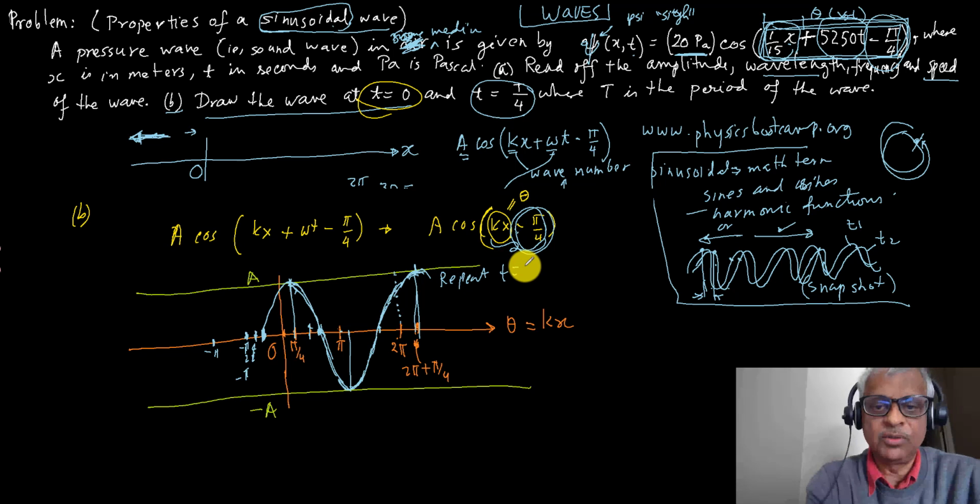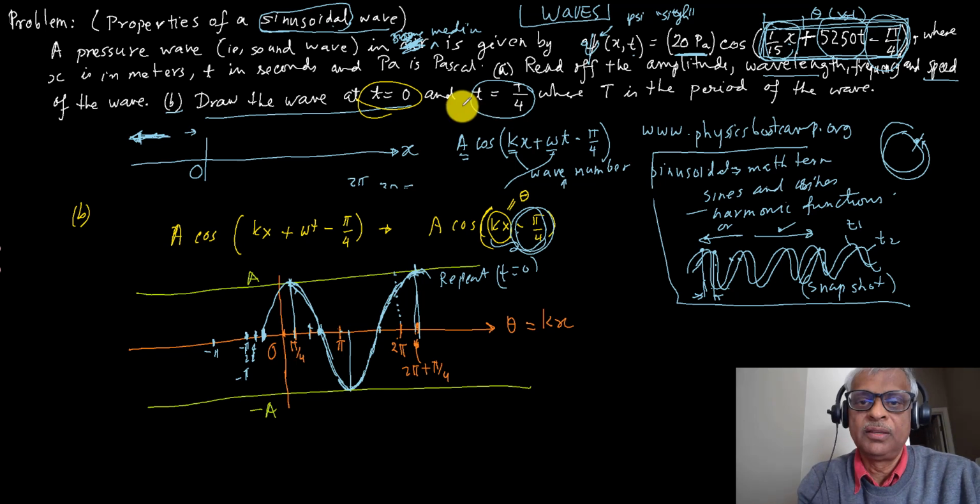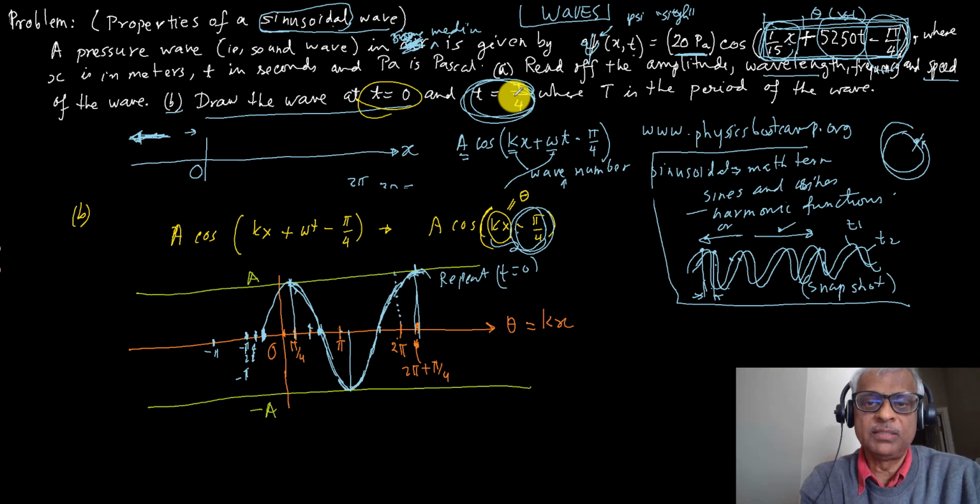And this is t equal to 0. So how do I plot this at a quarter period later?